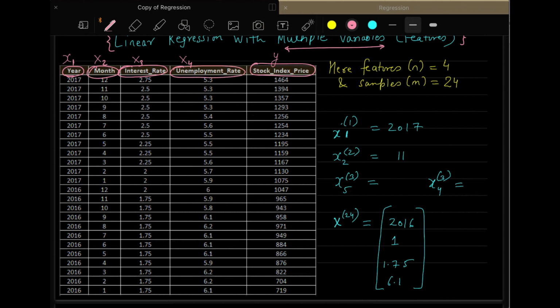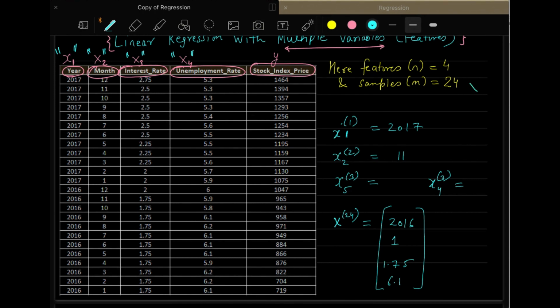These four features are represented by x subscript 1, x subscript 2, x subscript 3, x subscript 4. In this way you are representing four features.